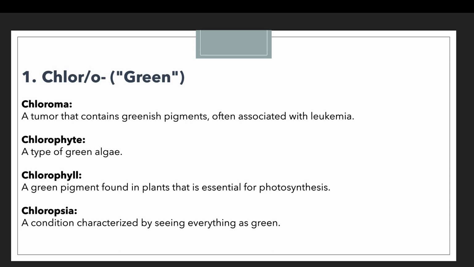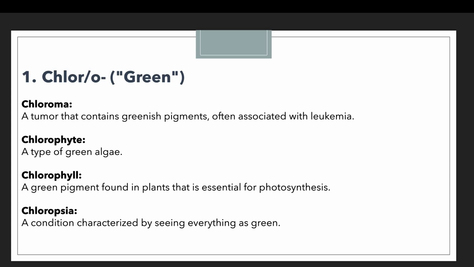So whenever a doctor wants to showcase a tumor that contains greenish pigment, the color of the pigment being green, which is often associated with leukemia, we use the terminology chloroma, which is composed of the prefix chloro. So here you can see that chloro is used in order to showcase something as green. That's why we are using the prefix chloro.